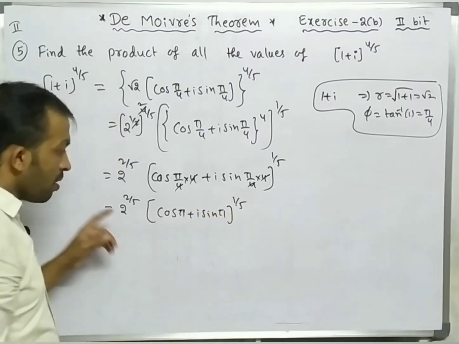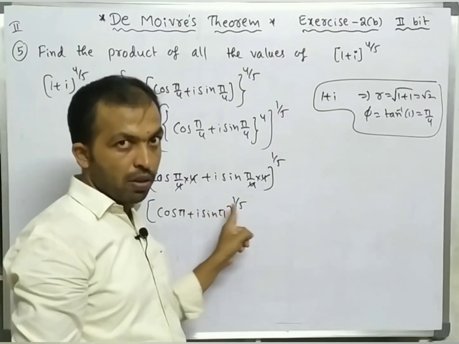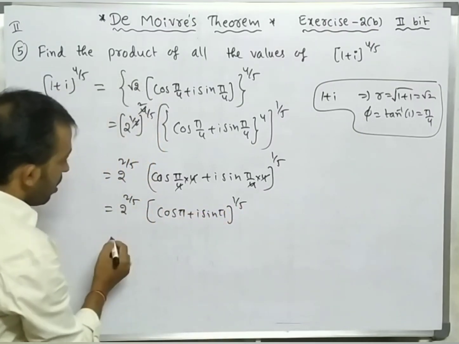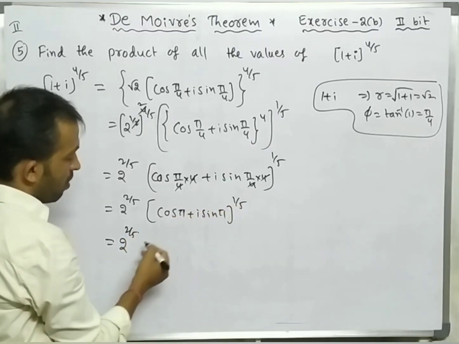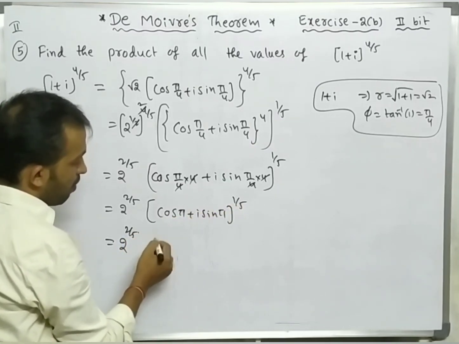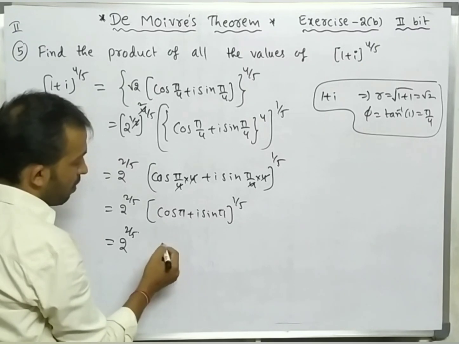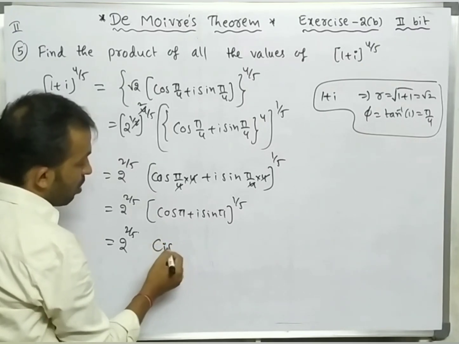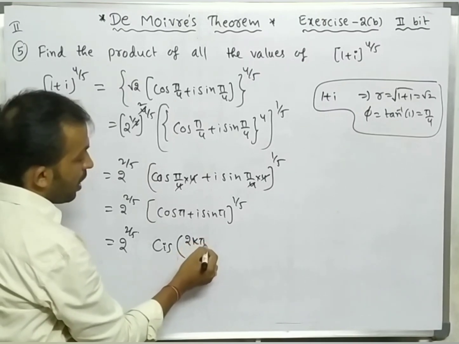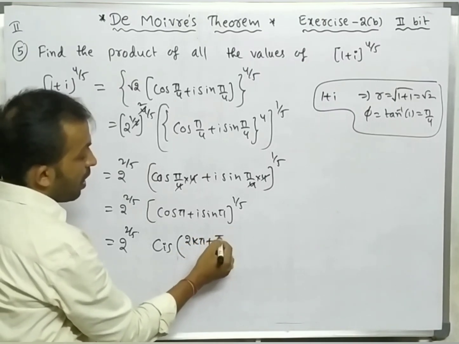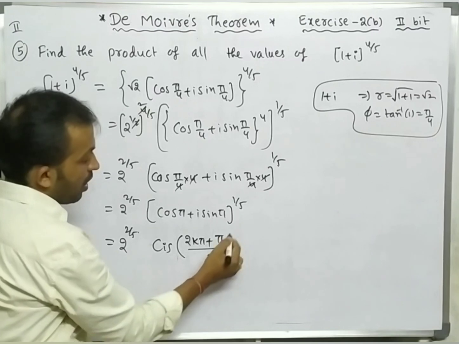Now for this we have a formula, the same as for the fifth roots of unity. So 2 power 2 by 5 times the fifth root of minus 1. Here we get (minus 1) whole power 1 by 5, and the roots are of the form cis of (2k pi plus pi) by 5.